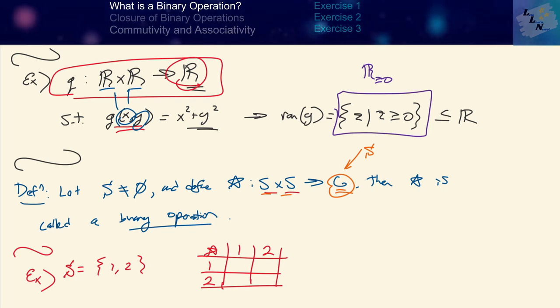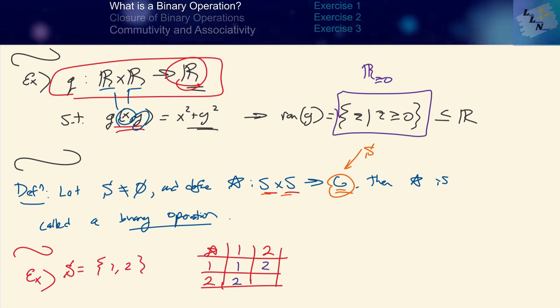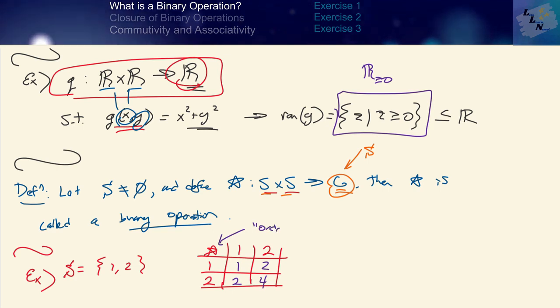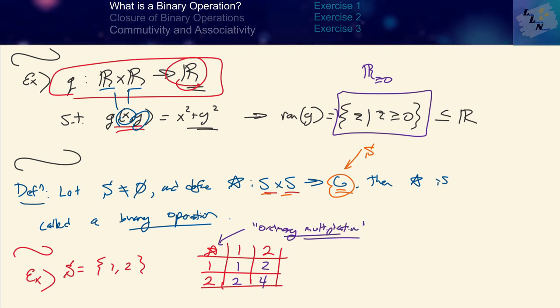And let's define the outputs. So 1 and 1 should be associated to 1. Let's define that to be 2, 2, and let that be 4. Right? So this appears to be ordinary multiplication, right? Or it could be just some random rule that happens to have the same exact outputs as ordinary multiplication. It's really hard to say just giving these four possible outputs.